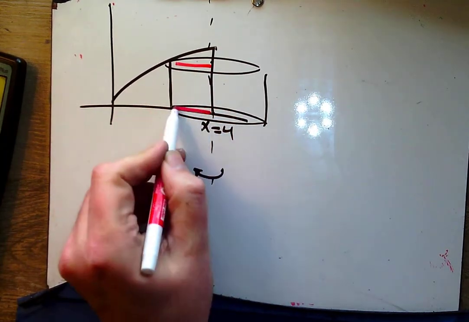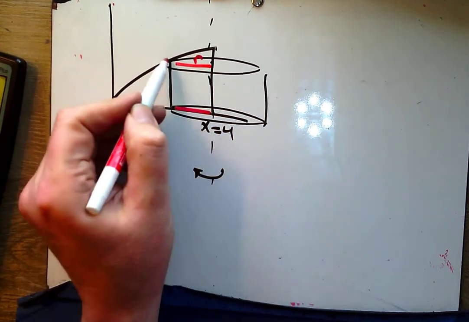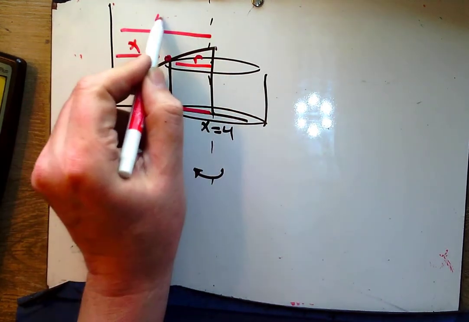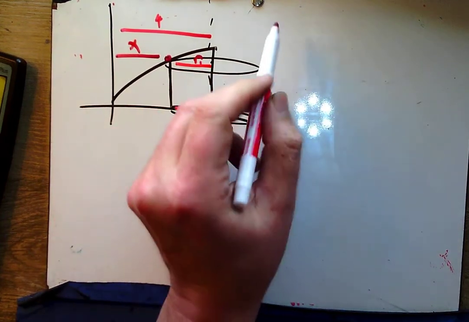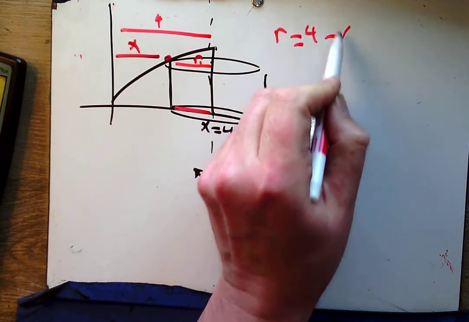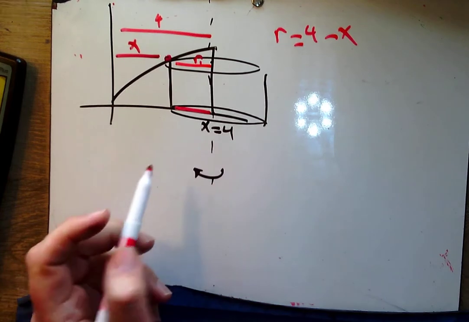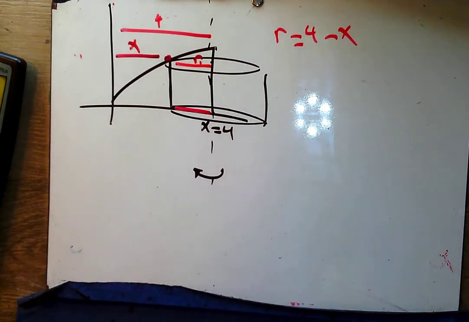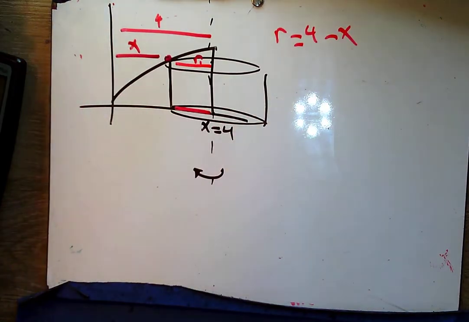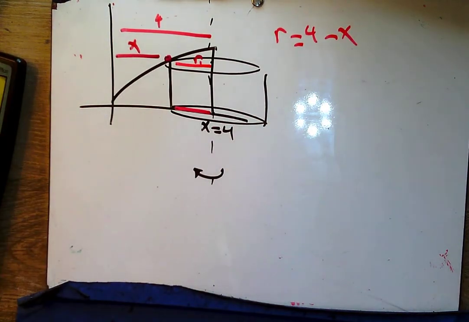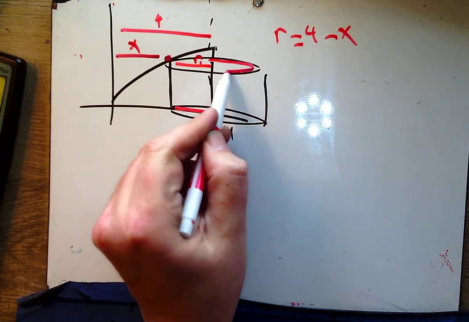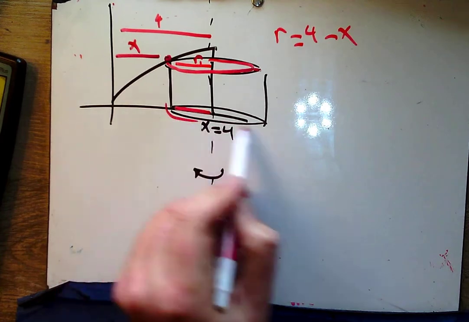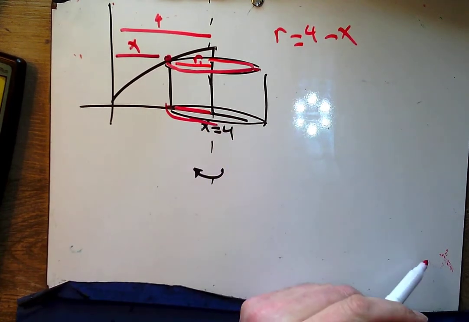This is the radius. Well, careful, because that's x. And this distance is 4. So what's my radius? My radius is 4 minus x. Okay, is this a dx or a dy integral? Well, if I measure the thickness of this shell, see there it is, that would have to be measured here on the x-axis.